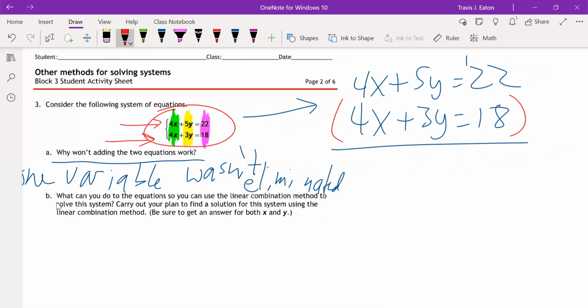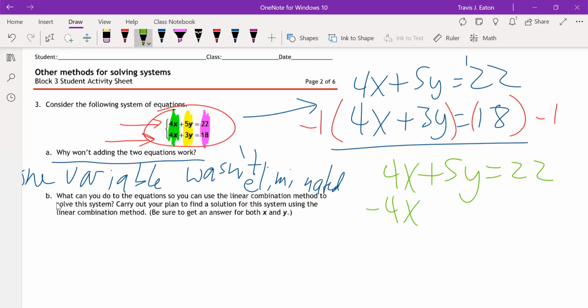I'm going to multiply by negative 1 on both sides of my equal sign. And when I do that, I'm going to rewrite this whole thing. I get 4x plus 5y equals 22. And then when I multiply negative 1 through everything, I get negative 4x minus 3y equals negative 18.